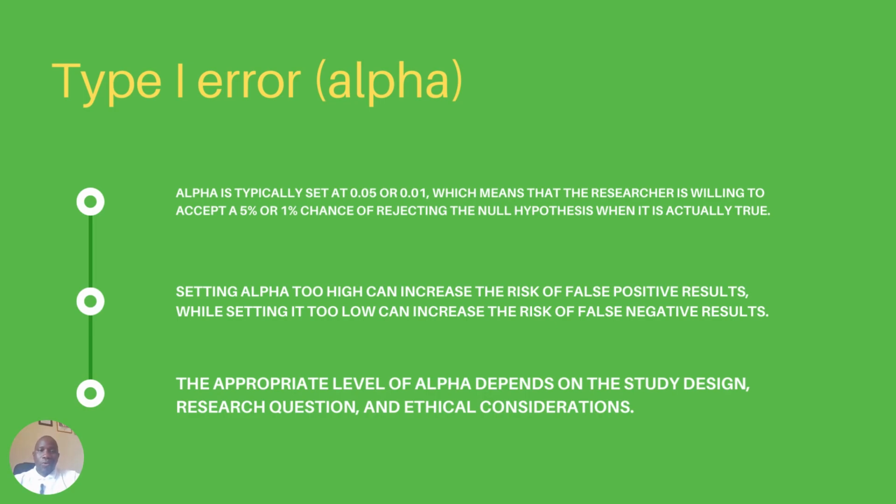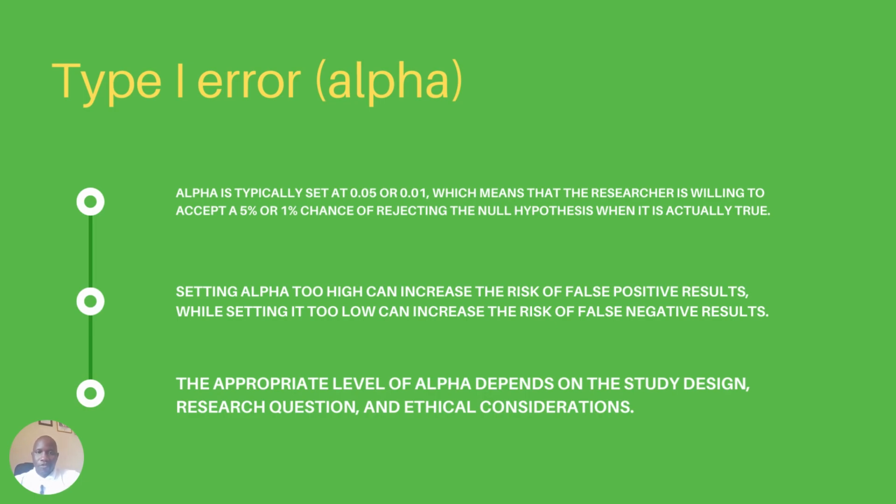Okay, now when you set the alpha value too high, you're increasing the likelihood that you will have what you call false positive results. It means that you'll be detecting an effect, yet that effect is not actually present.